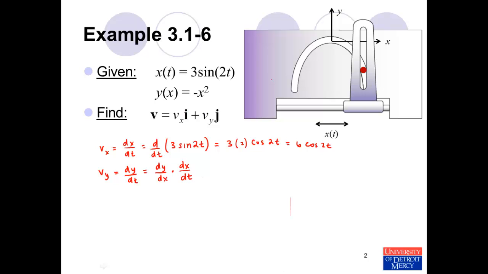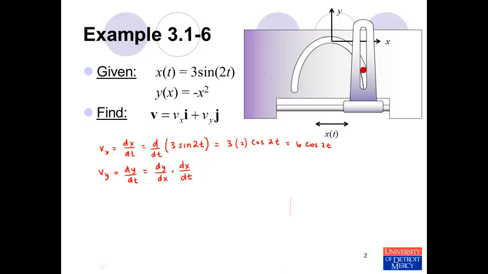And so looking at this, you can think of the differential x elements as canceling, leaving us with just dy over dt. Another way to think of this is the derivative of the outer function, the negative x squared, and then this is the derivative of the inner function. It's the derivative of the x.